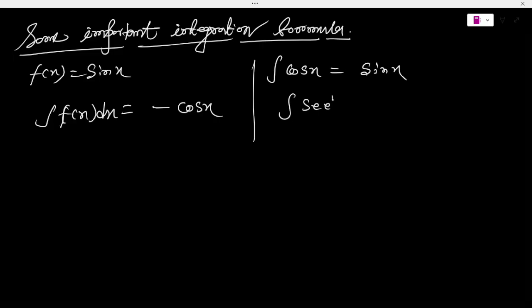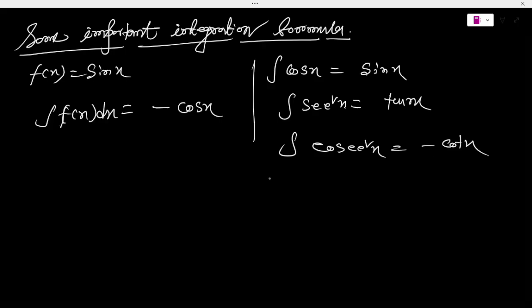Integration of sec square x will come out tan x. Integration of cosec square x will come out minus cot x.